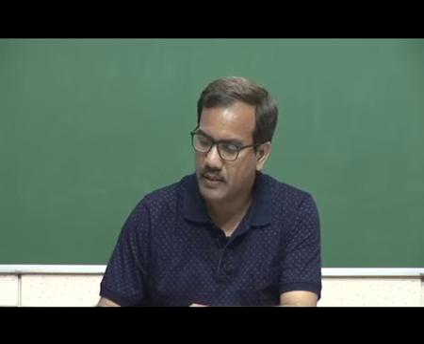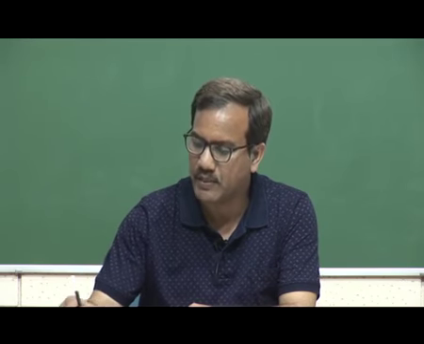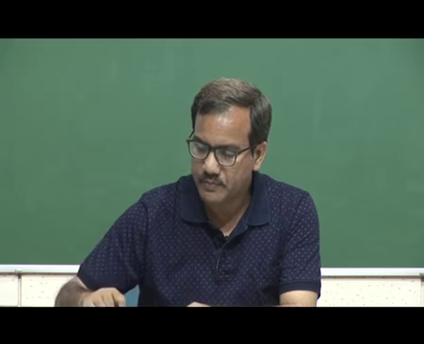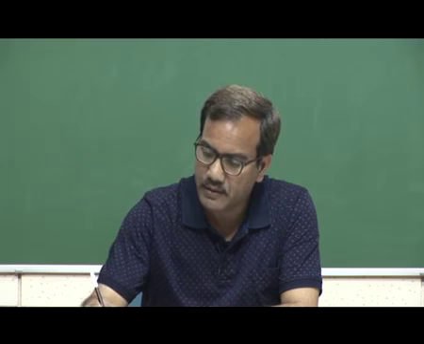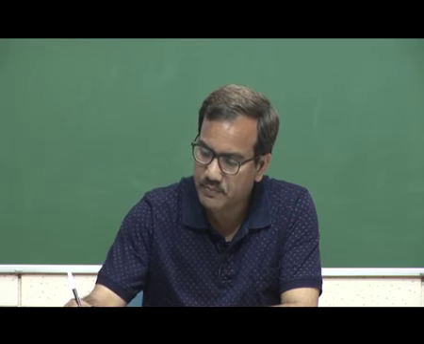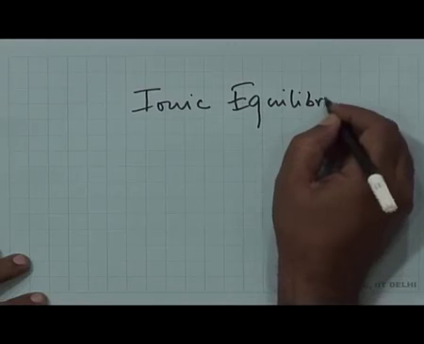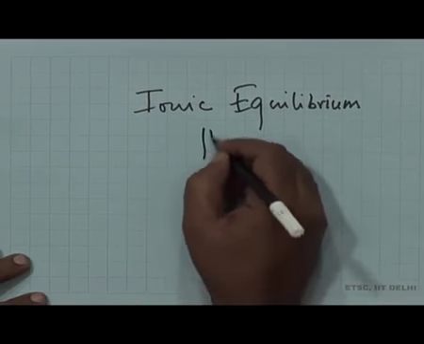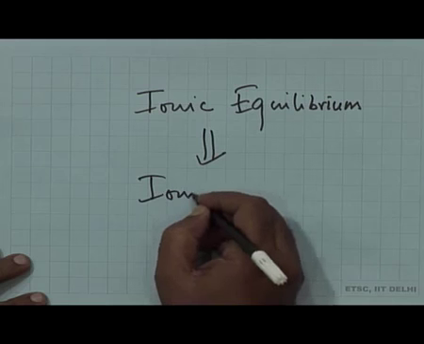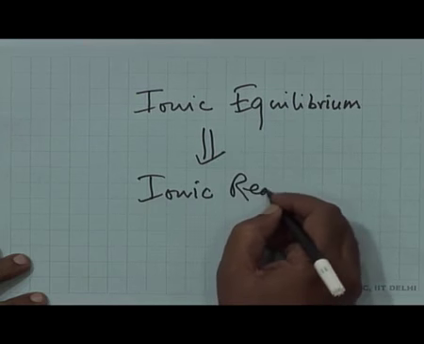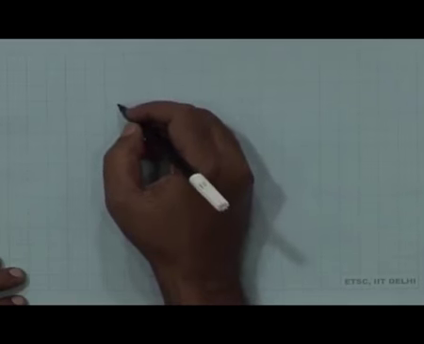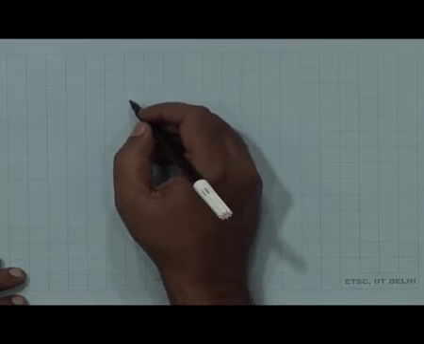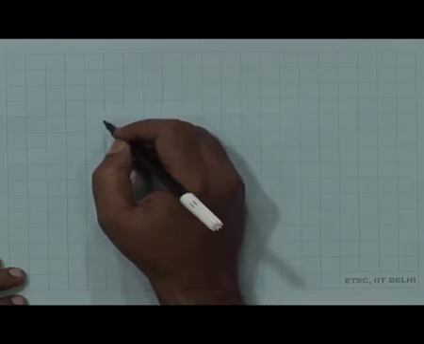Hello students, in the last lecture I was discussing ionic equilibrium. As we know, ionic equilibrium deals with ionic reactions, and when we discuss an ionic reaction, it must be reversible, then only we can apply the concept of equilibrium.